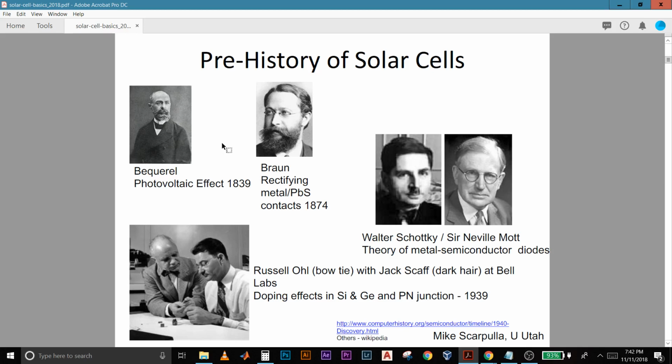Following that, a lot of progress was made by Braun in inventing the rectifying metal and lead sulfide contacts, which go into these kinds of devices, around the 1870s. Then you're familiar with the names of Walter Schottky and Neville Mott, who are credited with coming up with the theory of metal-semiconductor diodes, without which the overall science of solar cells would not be possible.